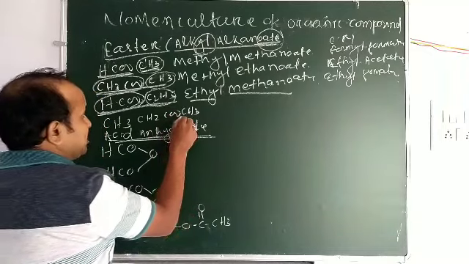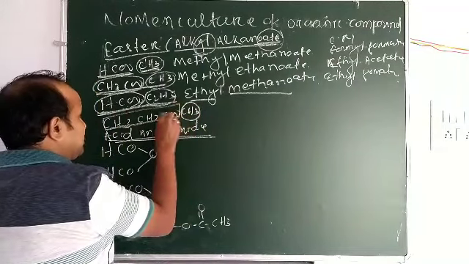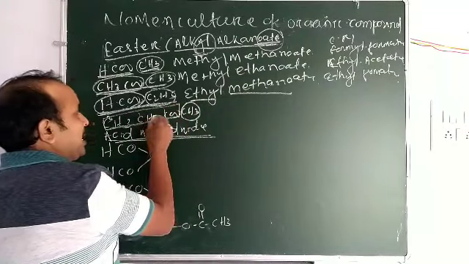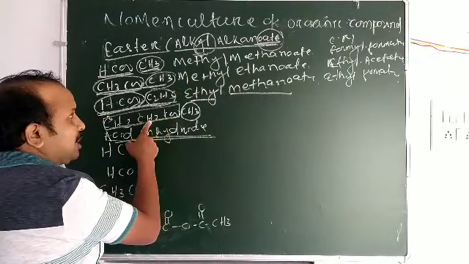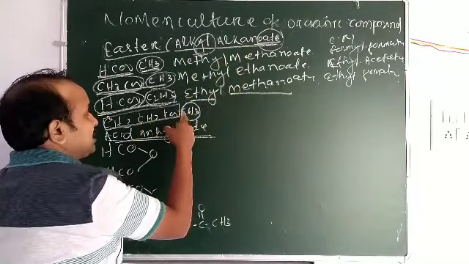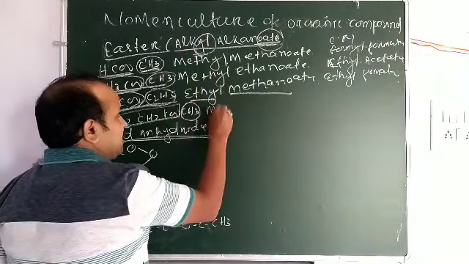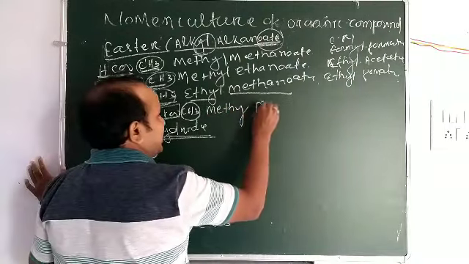Here you see this is the alcohol part and this is the carboxylic acid part. This contains 1 carbon and this 3 carbons, meaning prop with oate, because this takes the suffix oate and this takes the suffix yl. So methyl propanoate.